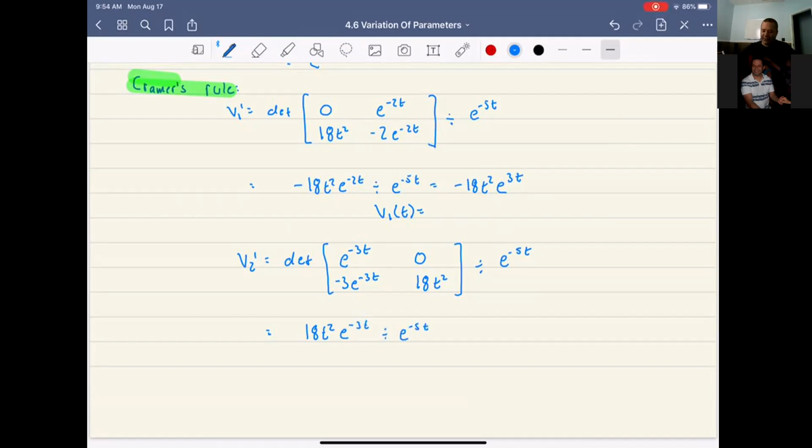So that's going to be 18t squared e to the 2t. Okay, again, I can solve for v2 of t by just 2 integration by parts. Okay, but I'm feeling particularly lazy in this moment.